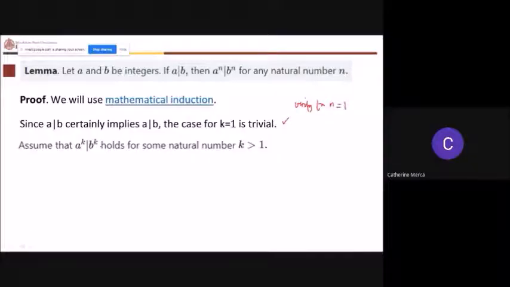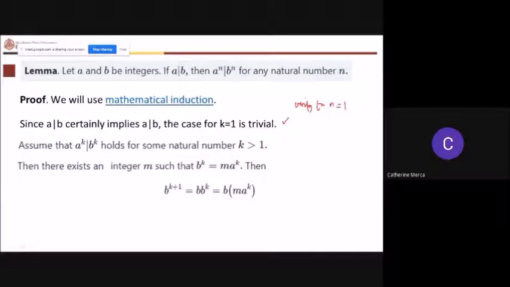So what are we going to show? We need to show that it should also follow that a to the k plus 1 divides b to the k plus 1. Yun yung next na dapat na ma-prove natin. You need to show at this point that a to the k plus 1 divides b to the k plus 1.